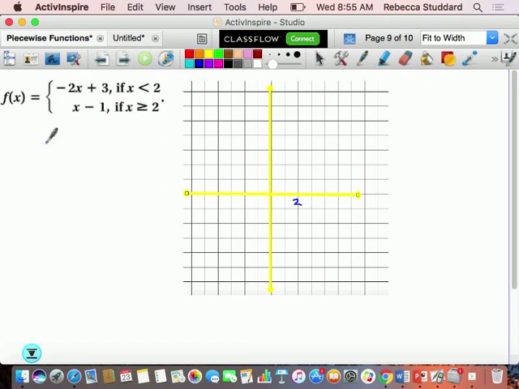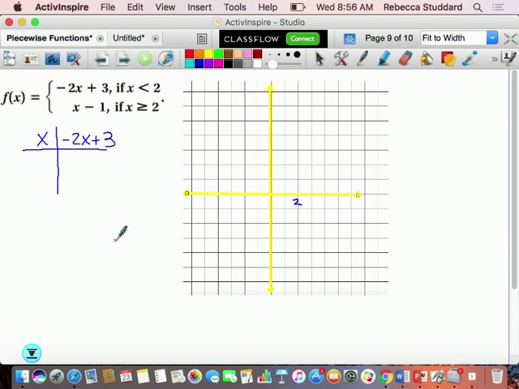I would say, okay, I'm going to make a table for the first part. I'm going to plug in some x values and see what I get for y. How many ordered pairs do I need in order to make a line? How many, Justin?